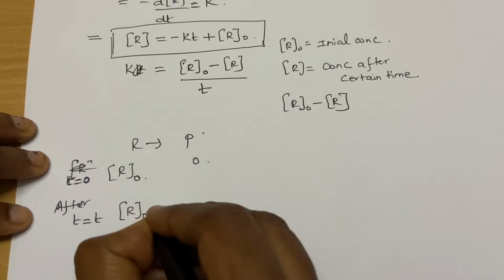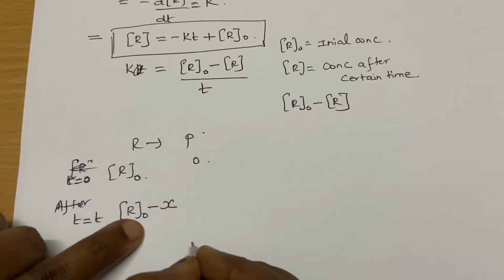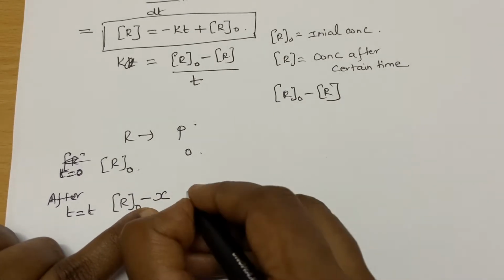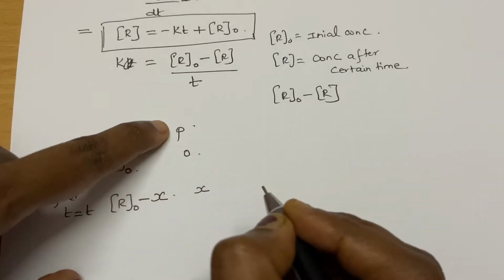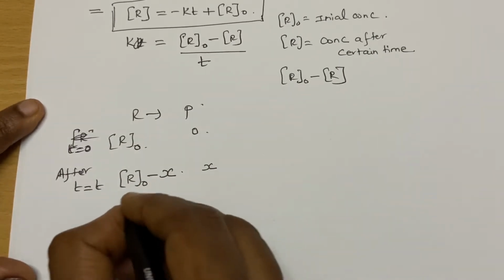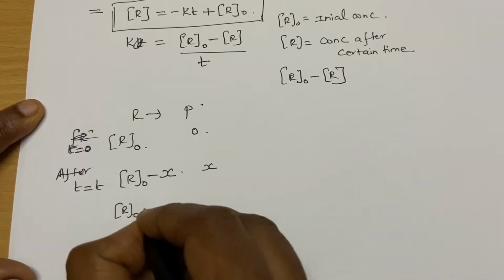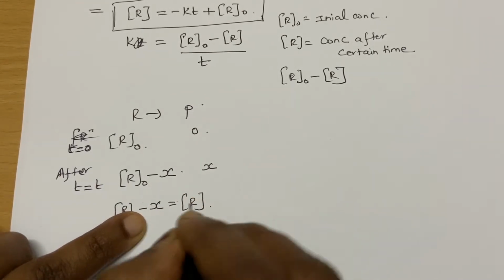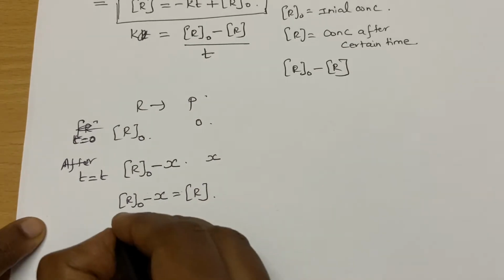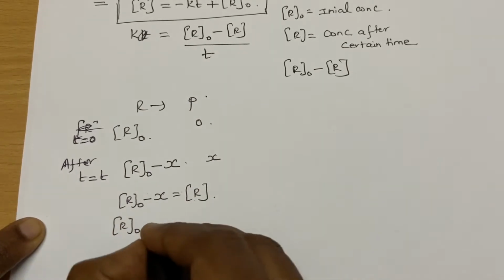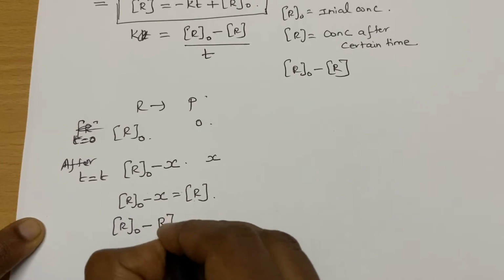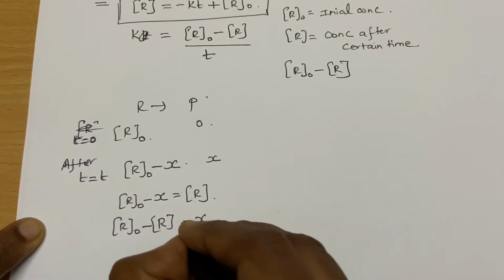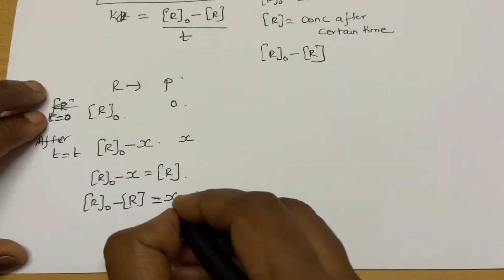Let's say X moles has been reduced to give X moles of the product. So the initial concentration minus X will give you the leftover concentration, isn't it? So the initial concentration minus the leftover concentration is equal to X.